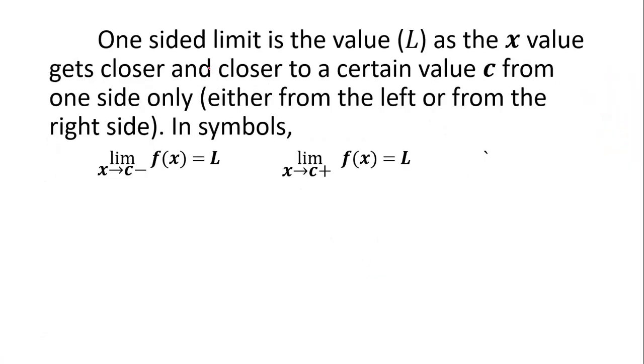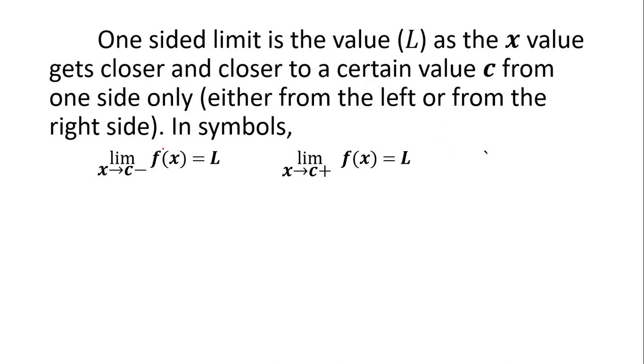Now, what do you mean by one-sided limit? A one-sided limit is the value L as the x value gets closer and closer to a certain value c from one side only, either from the left or from the right side.